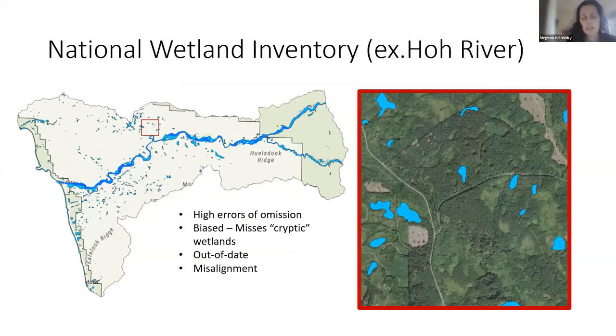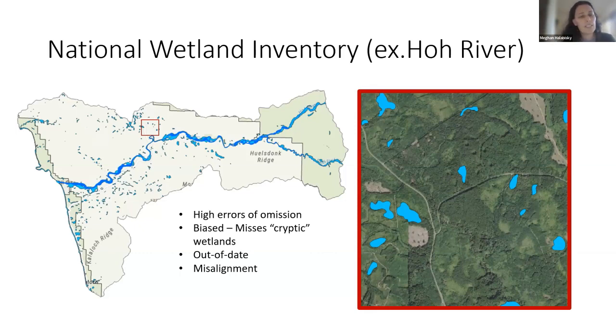I think the big point that I do want to make, and this is very, very important for anyone in Eastern Washington, is the National Wetland Inventory in some locations has a little bit of misalignment, which when you're going out into the field may not be a problem, because you can see that the wetland doesn't quite match up with what's on the ground, but that's okay because you're human and you can figure it out and work with it.